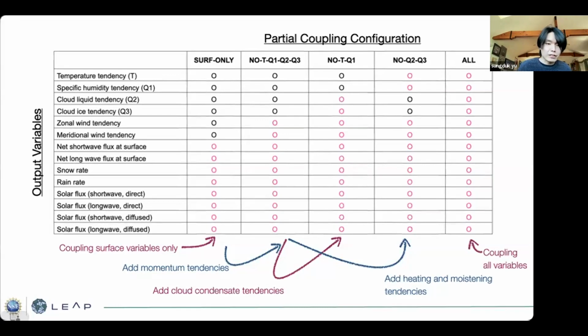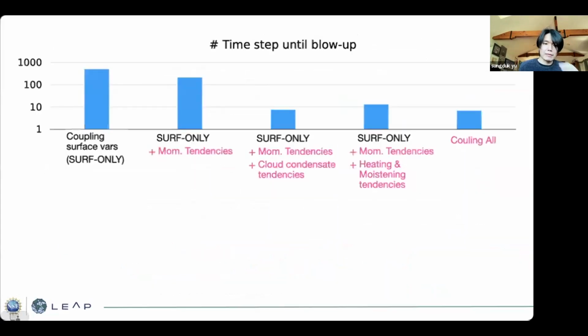There are a lot of figures generated, but I will show you this summary figure. I'm showing a simple metric of hybrid simulation stability, and my metric choice is the number of timesteps until the model blows up.